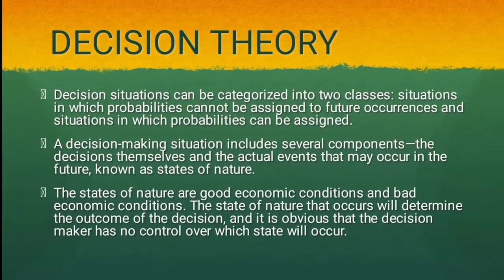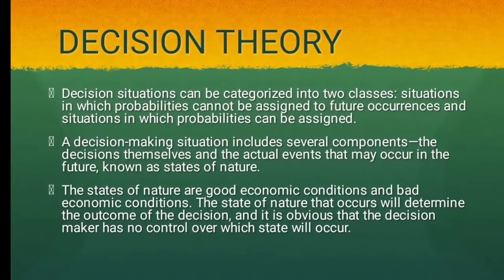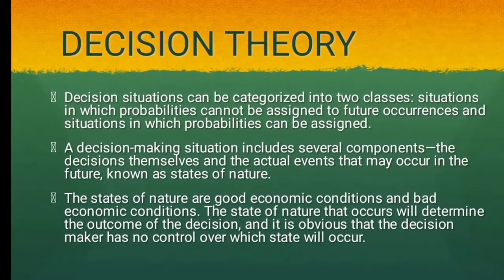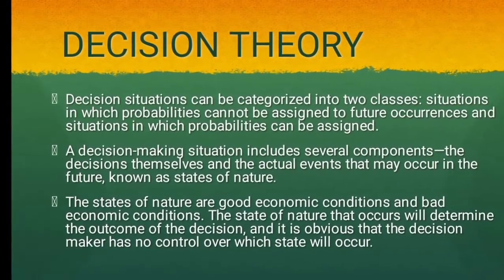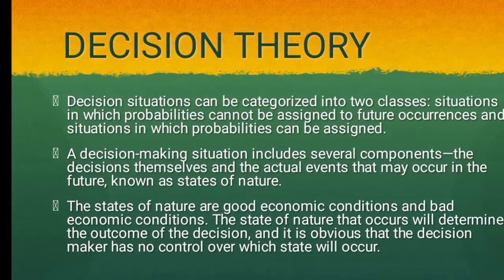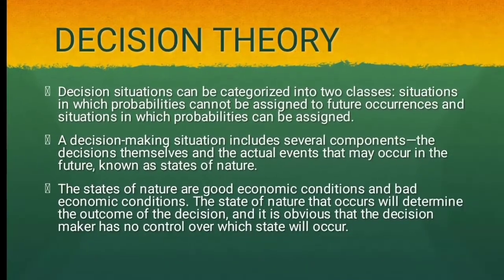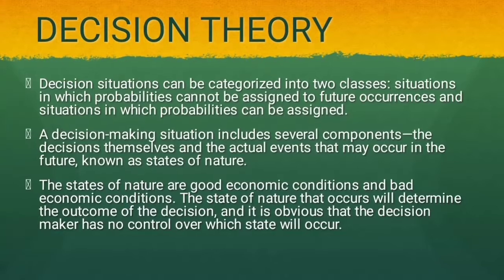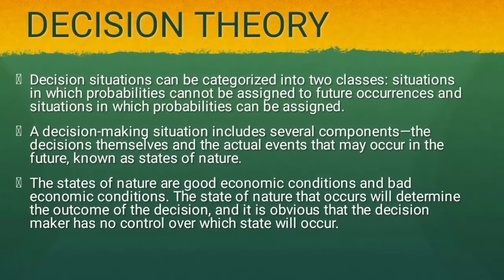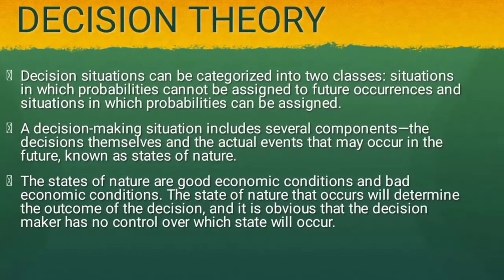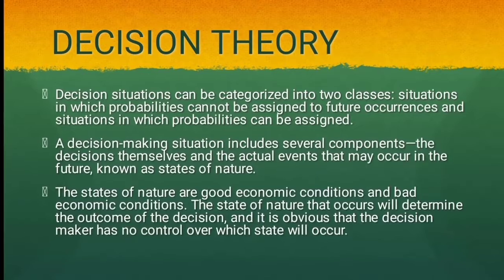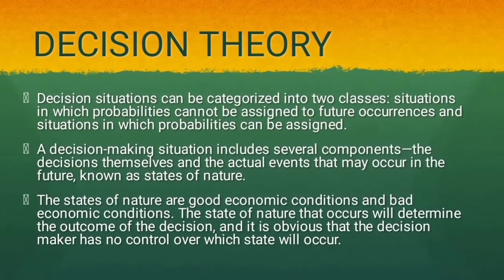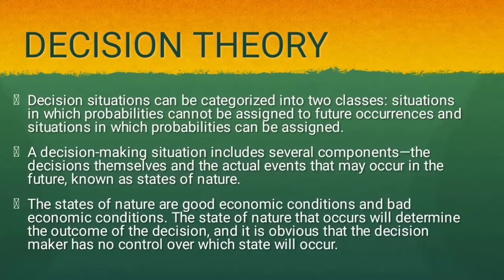A decision-making situation includes several components: the decisions themselves and the actual events that may occur in the future, known as states of nature. The states of nature are good economic conditions and bad economic conditions, and the state of nature that occurs will determine the outcome of the decision, and it is obvious that the decision maker has no control over which state will occur.